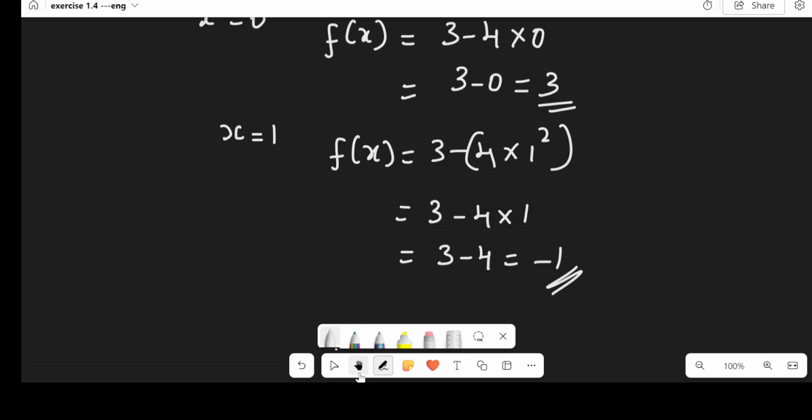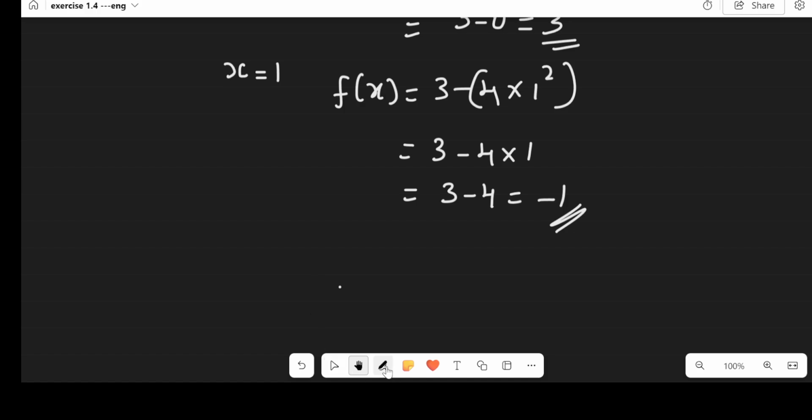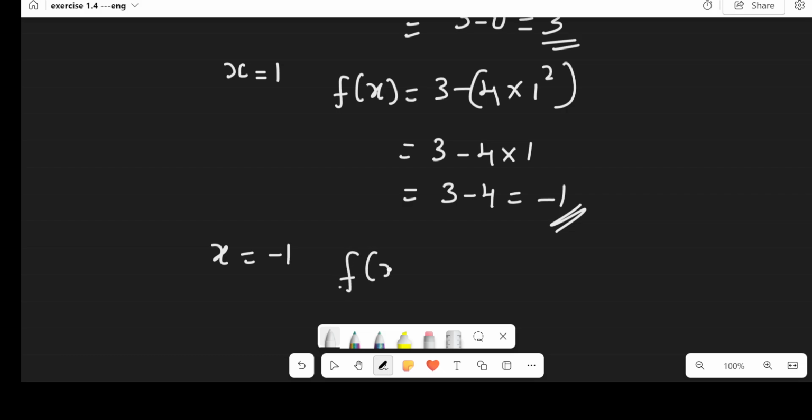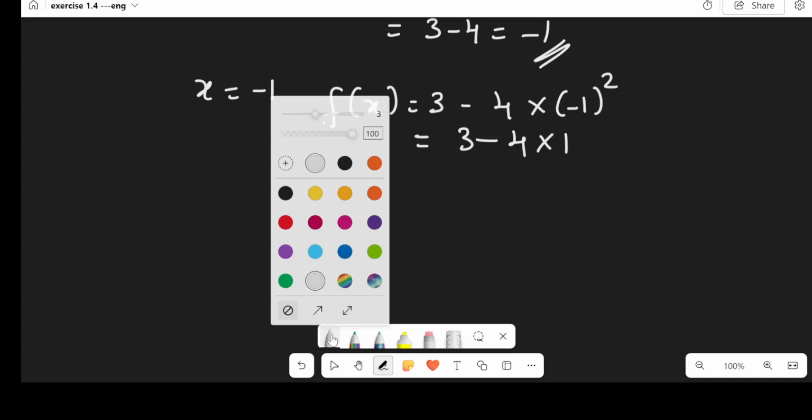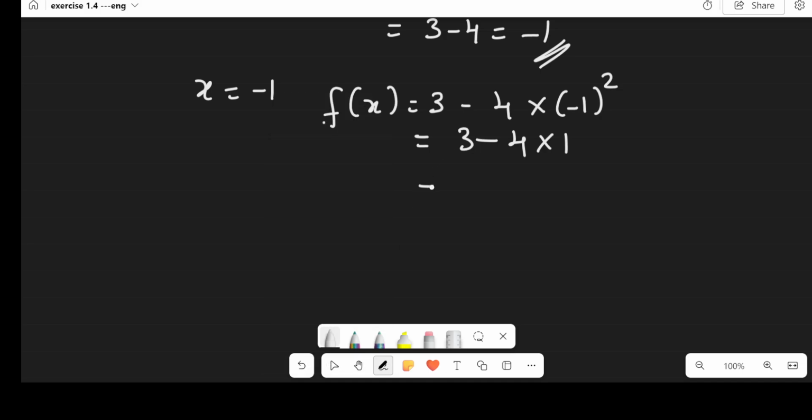Next I am giving x is equal to minus 1. So f of x would be 3 minus 4 into minus 1 the whole square. So 3 minus 4 into 1. So the answer is 3 minus 4, which is minus 1.